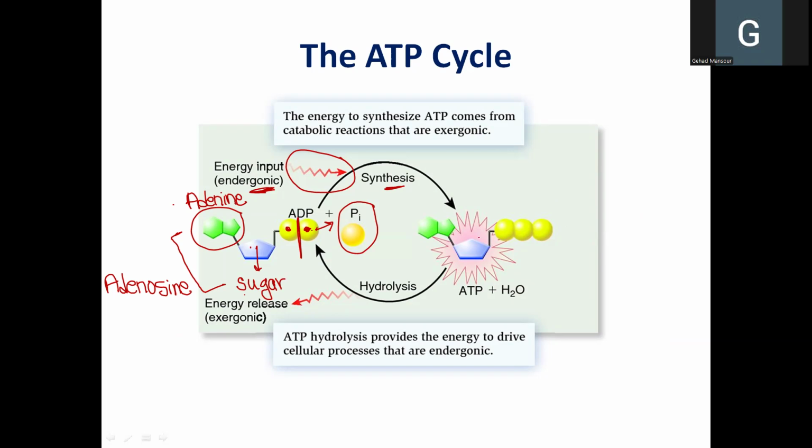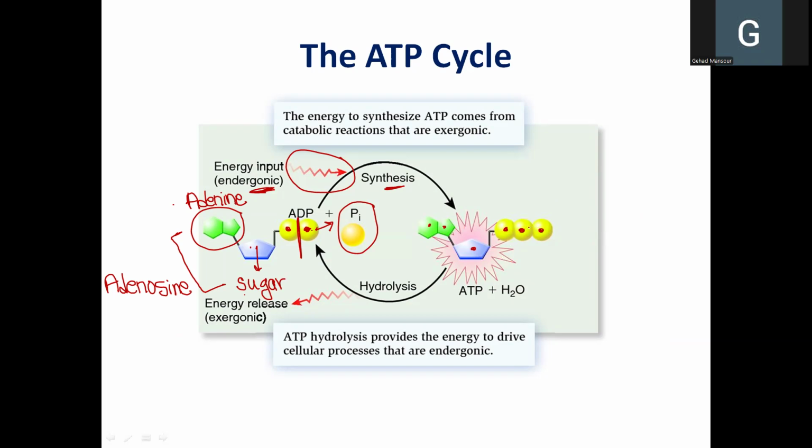Now, ATP has the same basic structure as ADP, meaning that it has adenine, the nitrogenous base, and then it has the pentose sugar, and then it has 3 phosphate radicals.